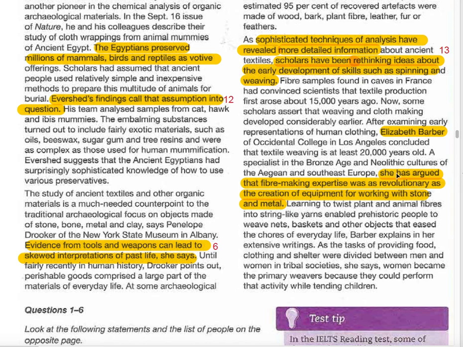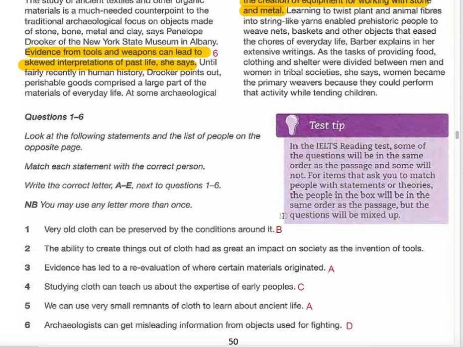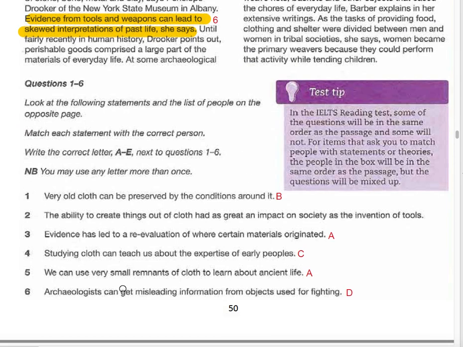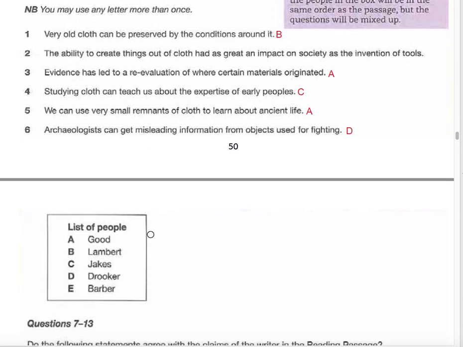As revolutionary as means similar to the creation of equipment for working with stone and metal. So tools, that's exactly what 2 says. Create things out of cloth, so fiber making, great impact. It had a great impact. It was revolutionary, like tools. And that was Barber.